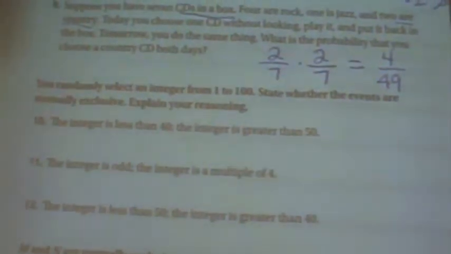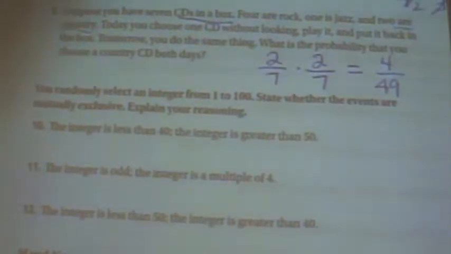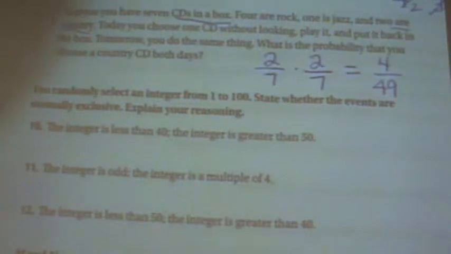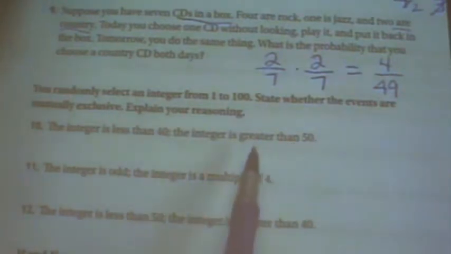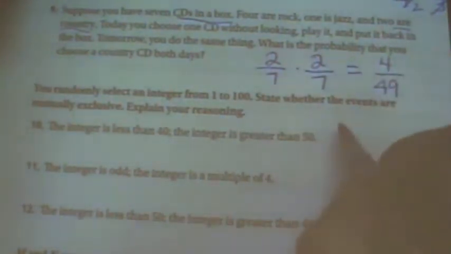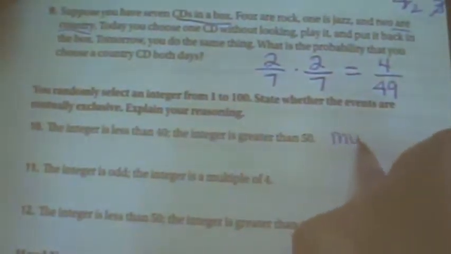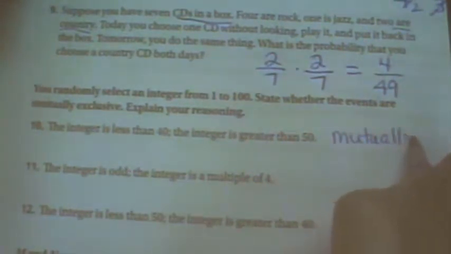Okay, next, we're going to talk about whether they're mutually exclusive or not. Mutually exclusive means, can you have these two things happen at the same time? So, number 10. Can you give me an integer that's less than 40 and greater than 50? So this is mutually exclusive.